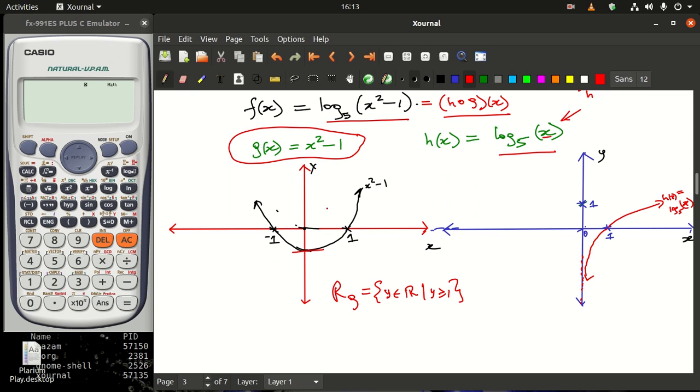So this curve here is saying I can offer you this much as a domain. Do anything that you want with it. This one here is saying I want x greater than 0. So I'm going to come at this point. This is supposed to be -1.